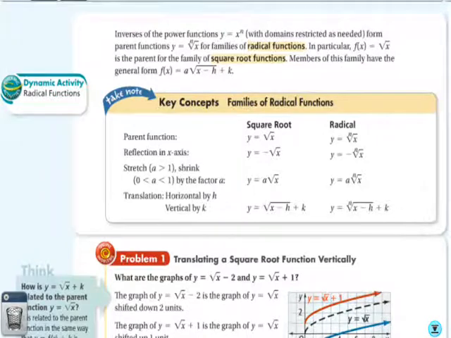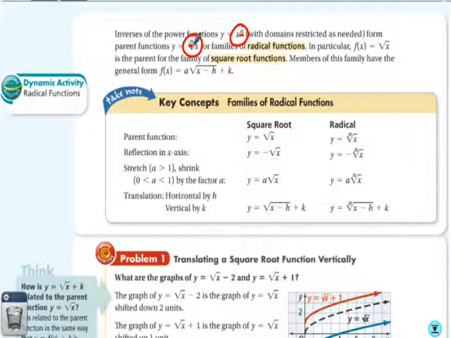Okay, so inverses of power functions, y equals x to the n, with domains restricted as needed, form parent functions that are y equals the nth root of x. So all we're saying is that instead of taking x to the n here, the inverse of that function is just taking whatever that n is and making that the index and taking the root, okay?